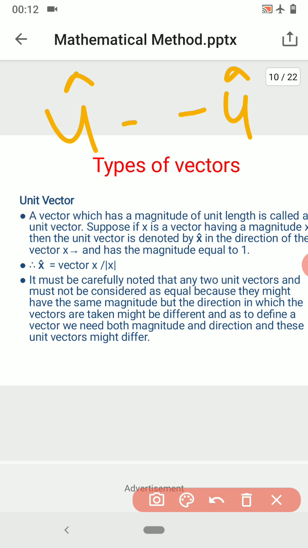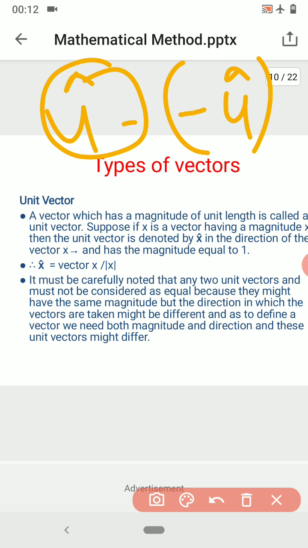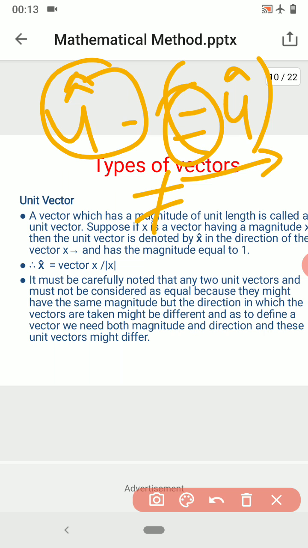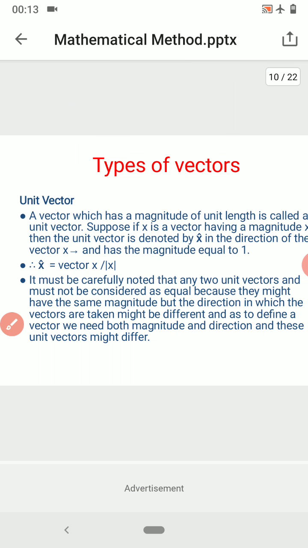Here both have magnitude 1, but both are not equal. Why? Because the minus sign indicates that minus u cap has the opposite direction to that of the vector u, that of u cap. So though both vectors are unit, they are not equal.